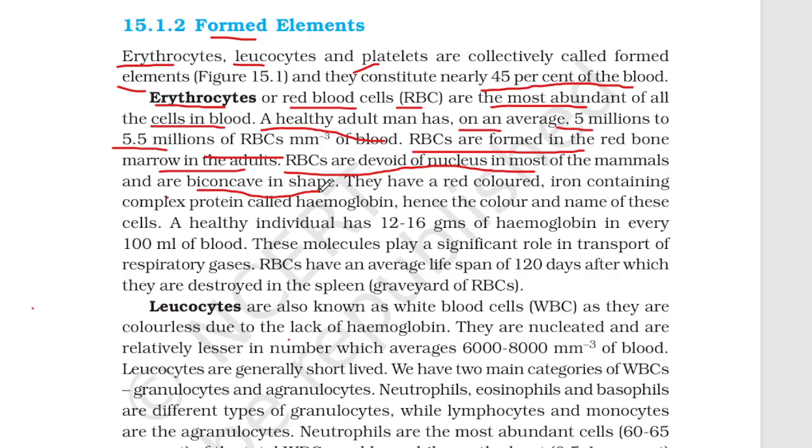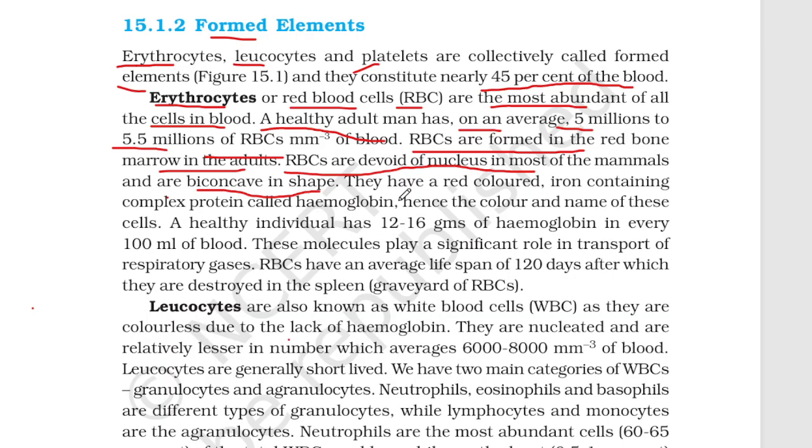For example, the camel's RBC has a nucleus present in it, whereas most of the other mammals don't have a nucleus in the RBC. Then regarding shape, the RBC is biconcave in shape. It looks something like this. It is biconcave in shape.